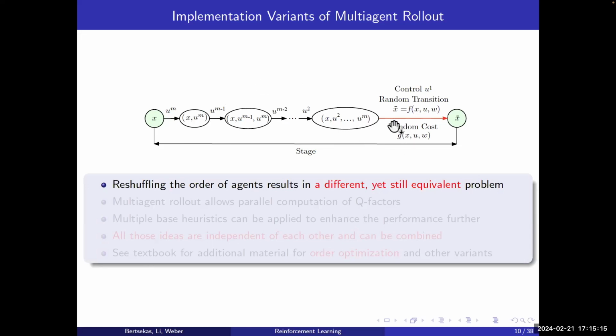So this would amount to an equivalent problem where, again, multi-agent rollout would amount to nominal rollout applied to this equivalent problem. Therefore, we can anticipate a large improvement because of the Newton's method effect.